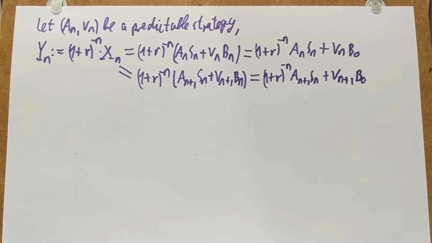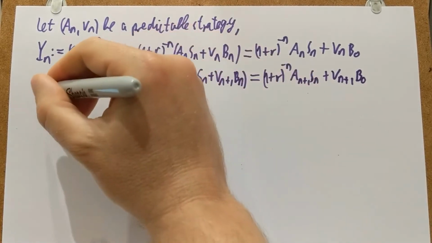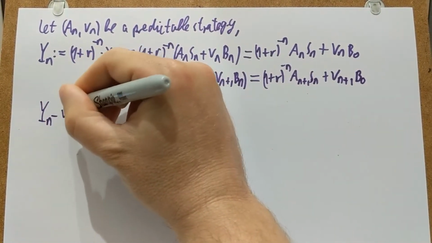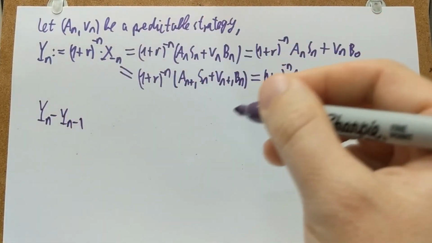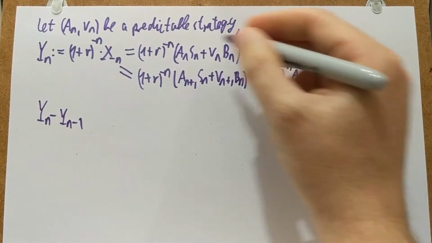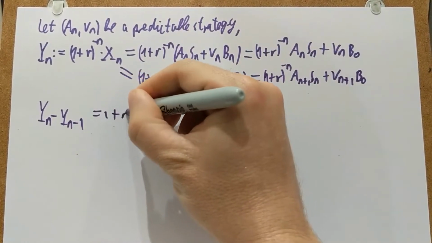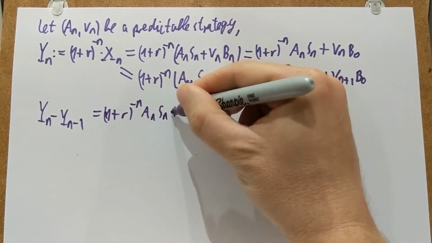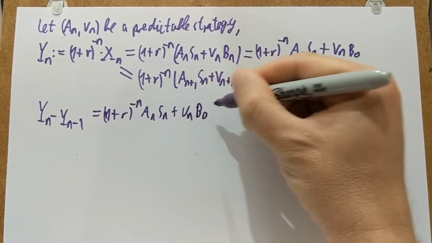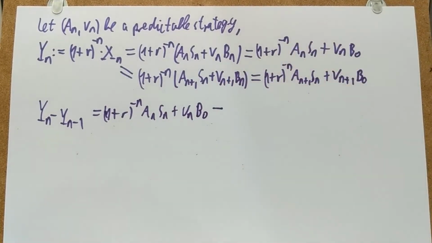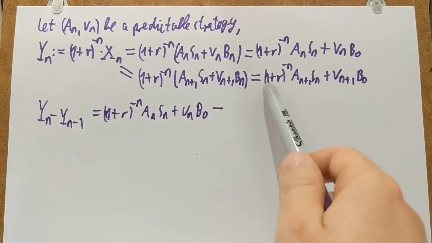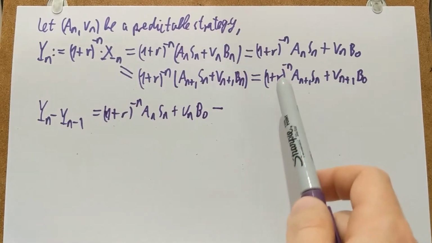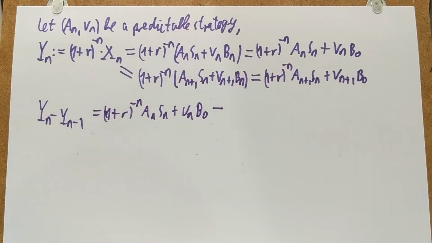Now if I do Yn minus 1, I'm going to use the first line: (1 plus r) to the minus n, An Sn plus Vn B naught. I'm doing the first line for Yn, but I'm going to do the second line for Yn minus 1. So I'm going to copy the second line here, except that I have to use n minus 1 for n.